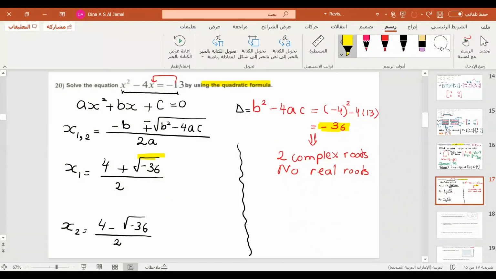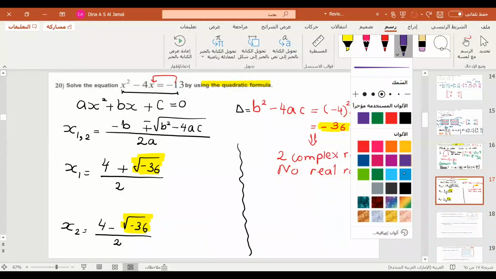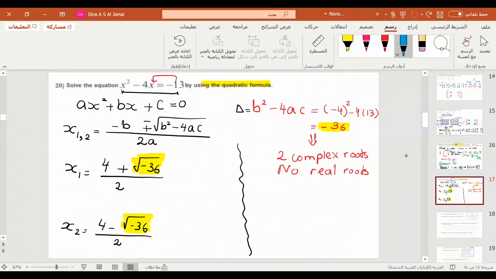Whether you solve it using the calculator on complex, or you can directly factorize this and get square root of minus 1 multiplied by square root of 36. This will be i, and this will be 6.